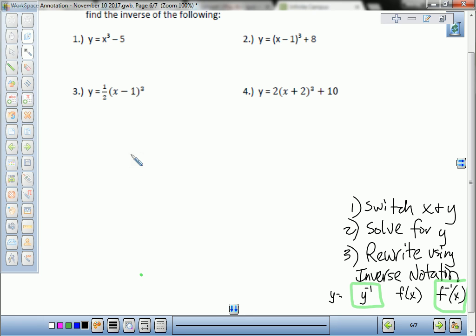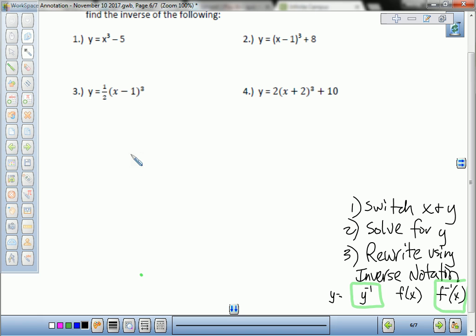When we switch the x and y with a function, it also switches the domain and range, doesn't it? Because domain represents our input, which in the original function are our x values. Range represents our output, which in the original function is the y values. But then I go switching the x and y, and because I switch the x and y, I also switch the domain and the range.